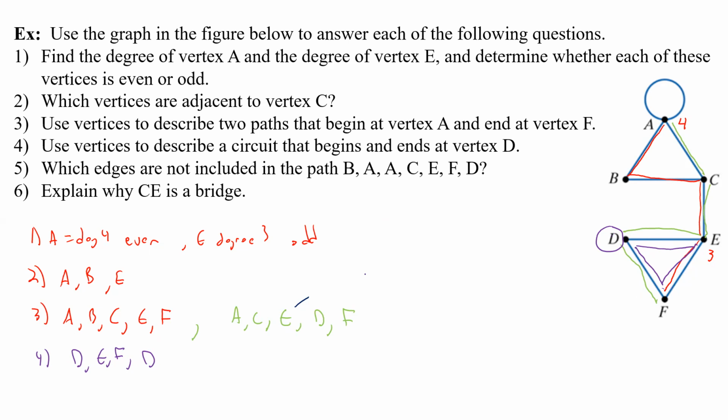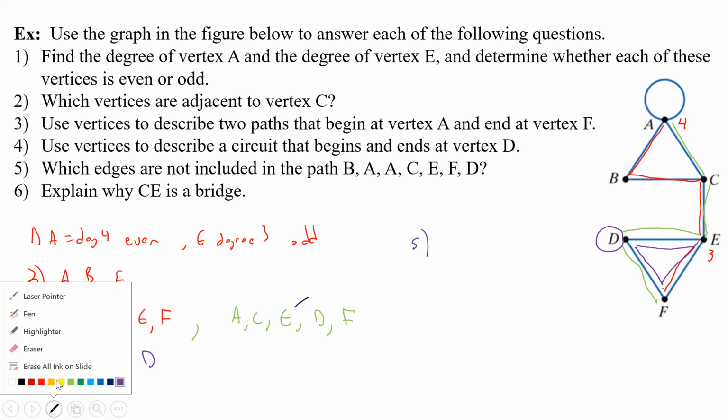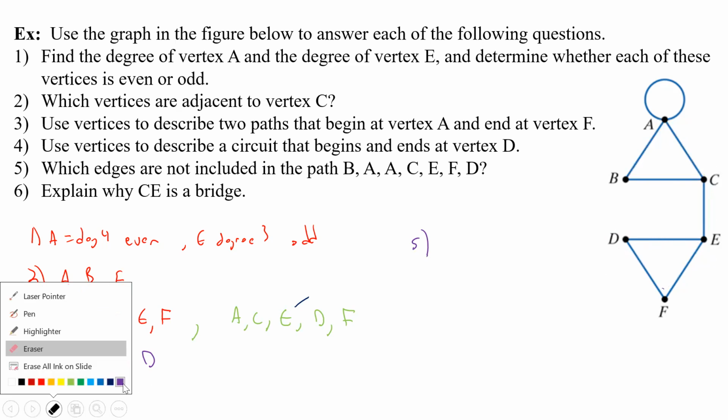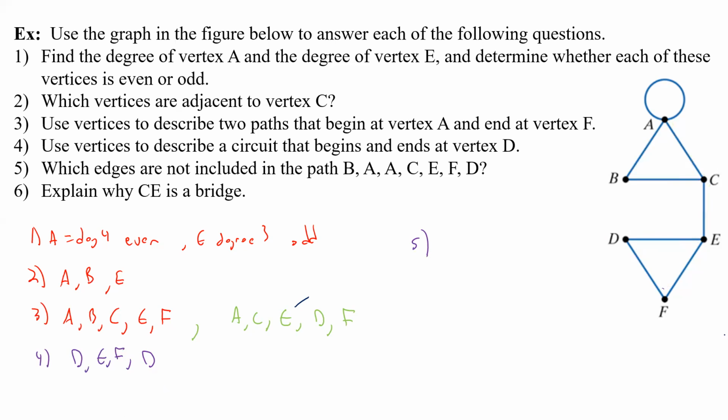Okay. Now, which edges are not included in the path here? So for 5, we're going from B to A. Let's erase some stuff here because we have a little much to follow. So now we're going to go from B to A to C, C to E, to F. Oh, okay.